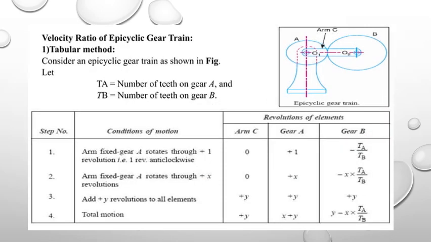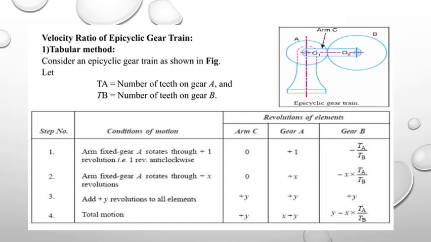There is a velocity ratio for the epicyclic gear train. TA is the number of teeth on gear A and TB is the number of teeth on gear B. The calculations are made as follows. First step, with the arm fixed, gear A rotates through plus one revolution.